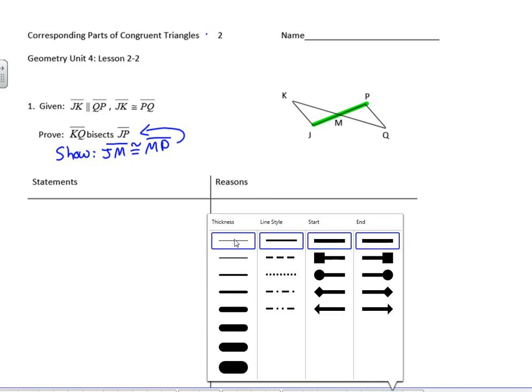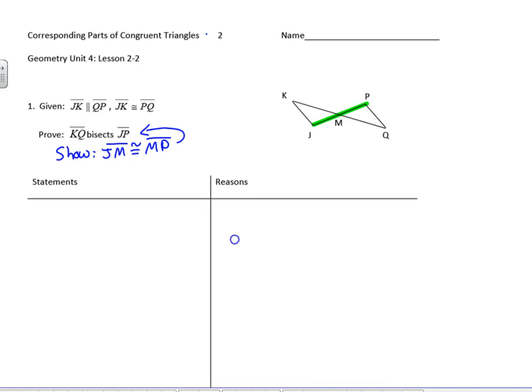All right, so we're given that JK is parallel to PQ, and that JK is congruent to PQ. Now, what you want to think about parallel lines is that parallel lines unlock angle relationships. Specifically here we have some alternate interior angles.